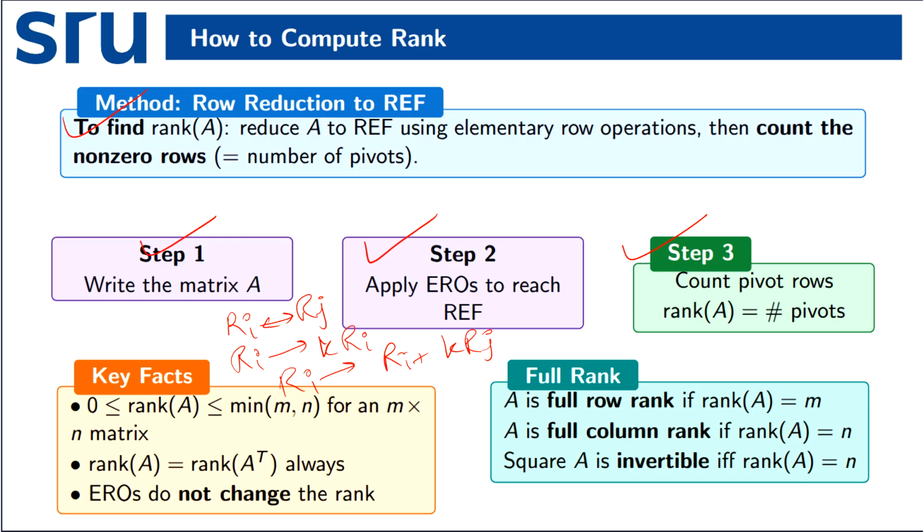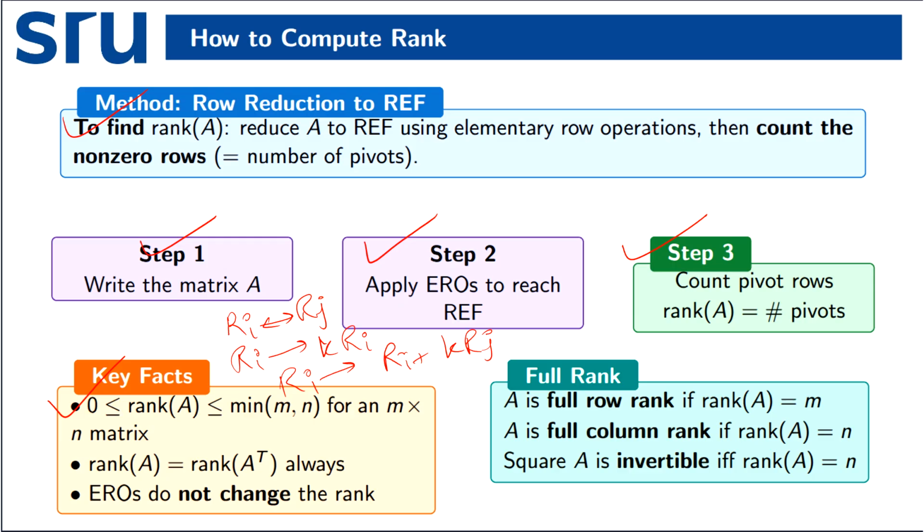Now, there are some important facts that we must be aware of. First one, the rank of the matrix A will be greater than or equal to 0, but it will be less than or equal to the minimum of m comma n.